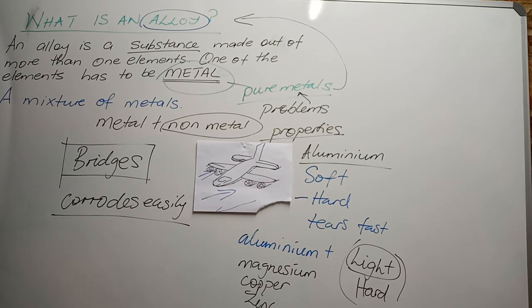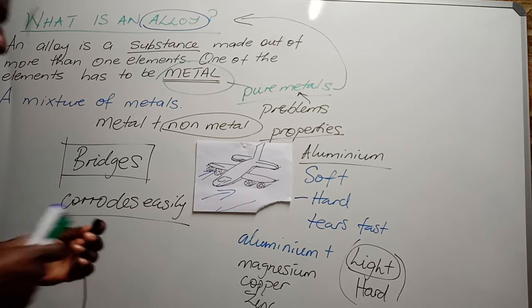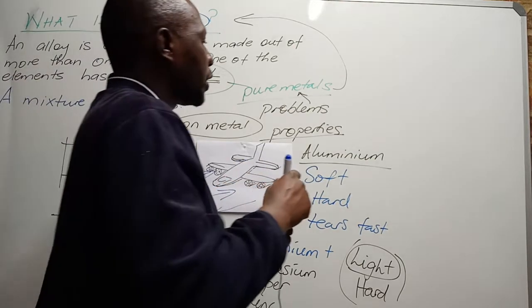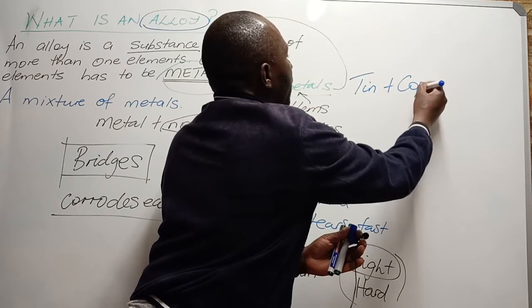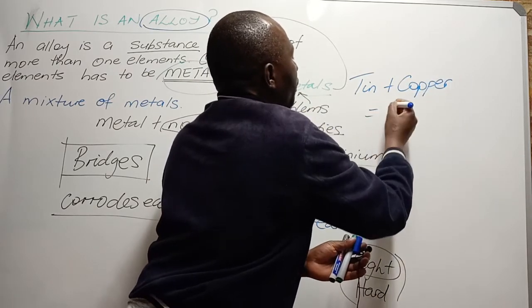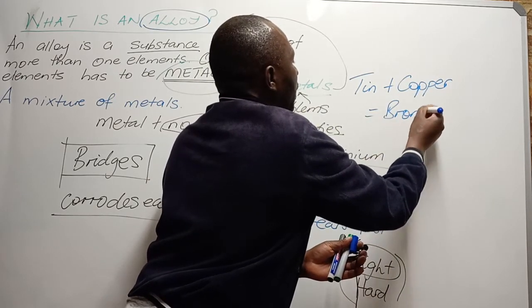Right. Another very good example of an alloy is bronze. Bronze is a mixture of tin and copper. So tin and copper were mixed to make bronze.